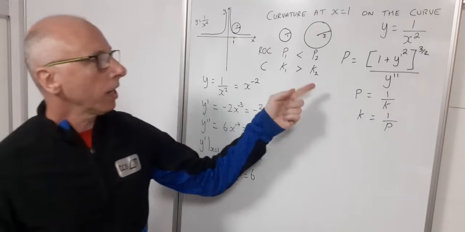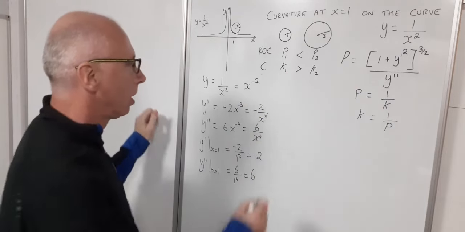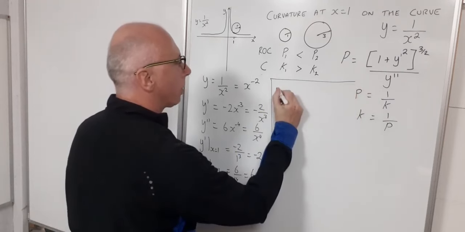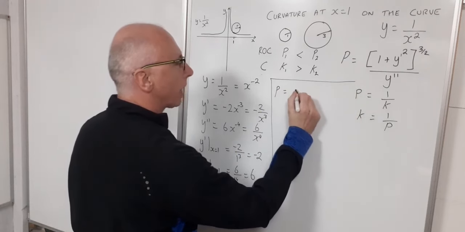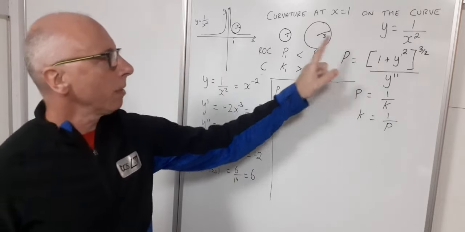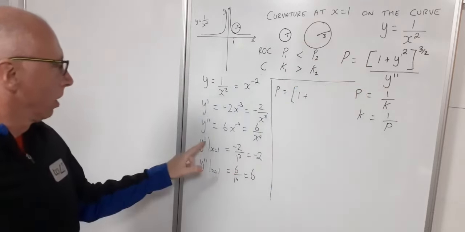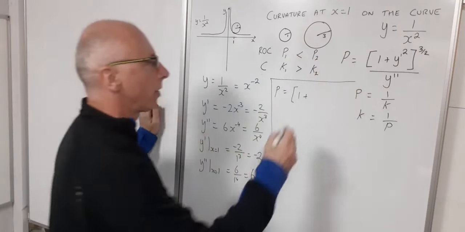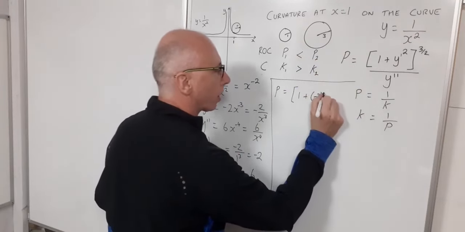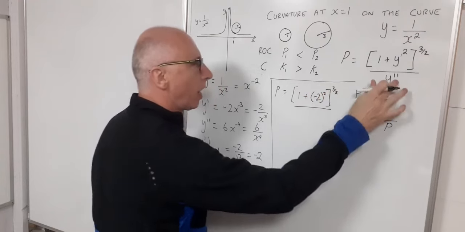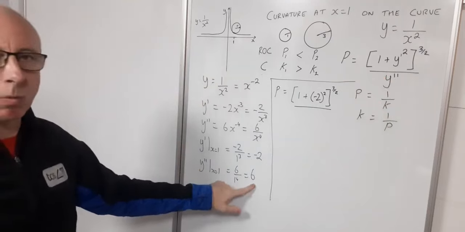Okay, right, let's calculate first of all the radius of curvature. So let's just draw a line down here. So the radius of curvature, that's going to be 1 plus y prime at x equals 1 squared. So that's minus 2 squared and then we raise that to the 3 over 2, and then divide that by the second derivative at x equals 1, which is 6.